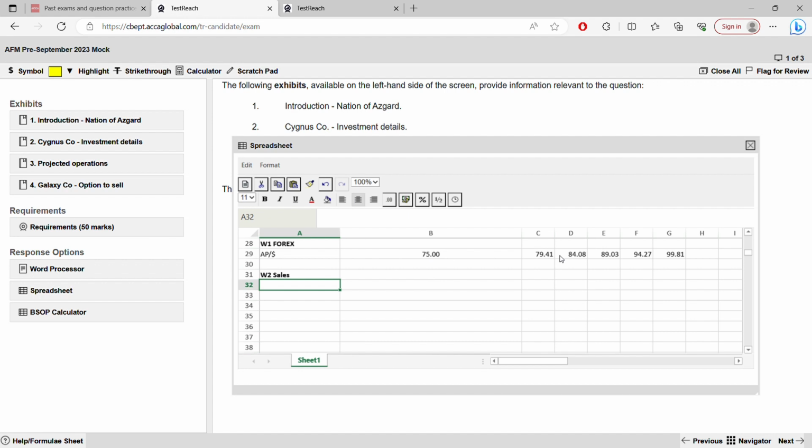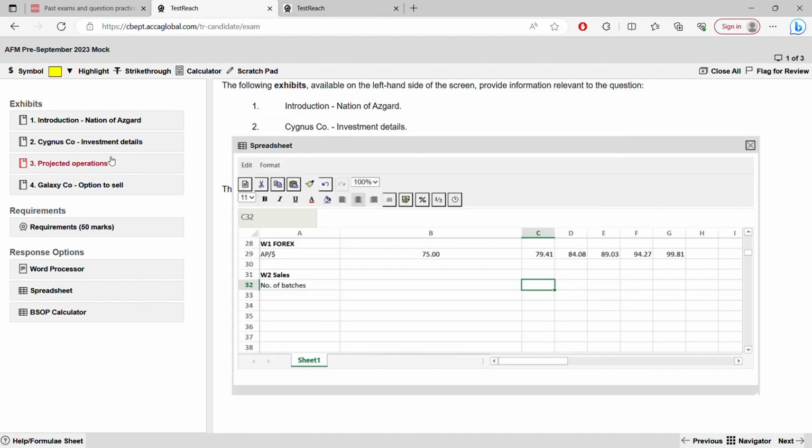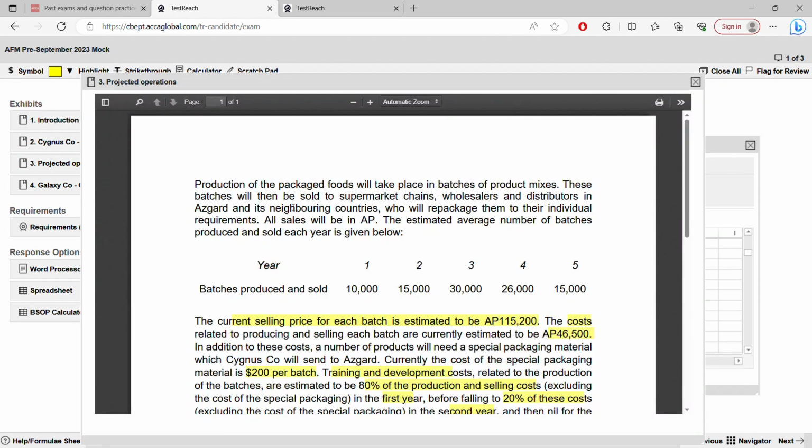So now year 0 is nothing. Okay, for sales it starts from 1 to 5. So you need number of batches, the volume they have already given you. So first year they have given it in 3. You see, these are the units. This you have to take.